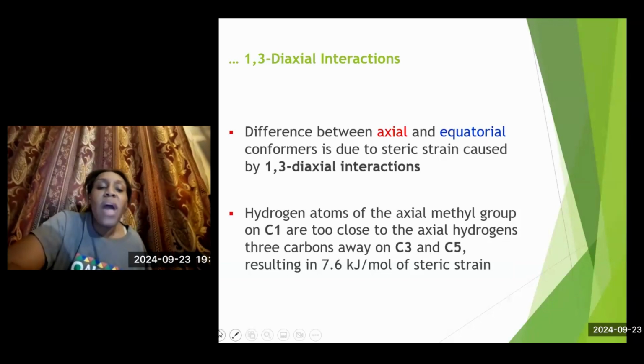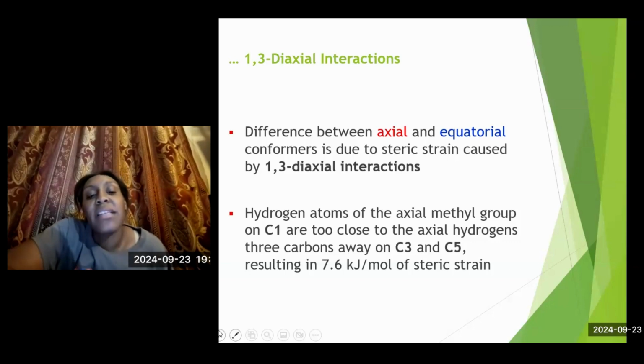When you have something that has a 1,3 diaxial interaction, that means because the carbon 1 and the carbon 3 are close when the axial hydrogens are every other space, and it results in a steric strain.